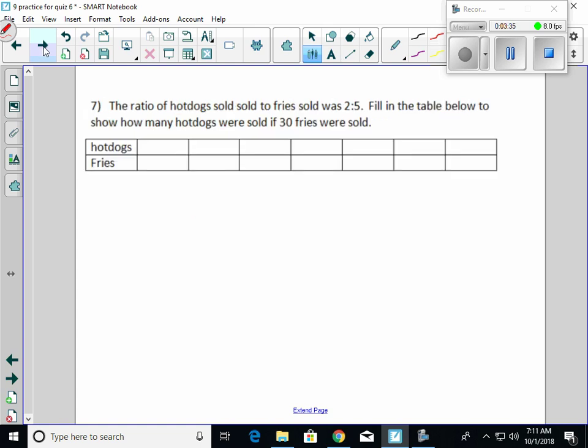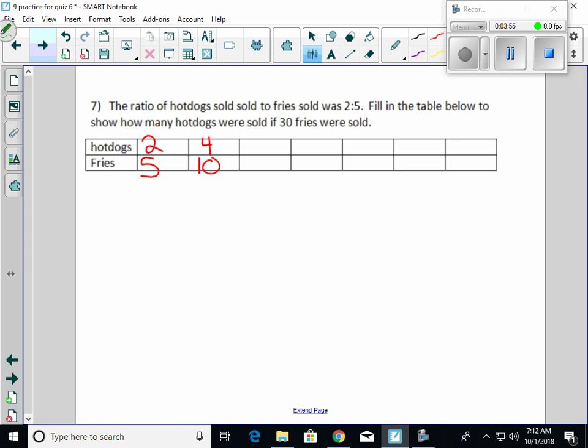Number 7. You have to fill in the table below to show how many hot dogs were sold if 30 fries were sold. Hot dogs to fries was 2 to 5. What if I have 4 hot dogs? Then I would have sold 10 fries.